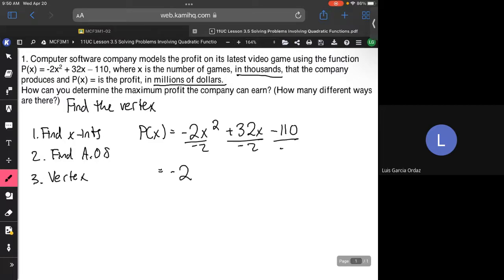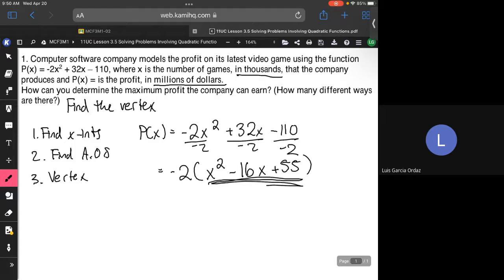So what would be left over in my bracket? It would be x squared, take away 16x, and then positive 55. Perfect. Positive 55.